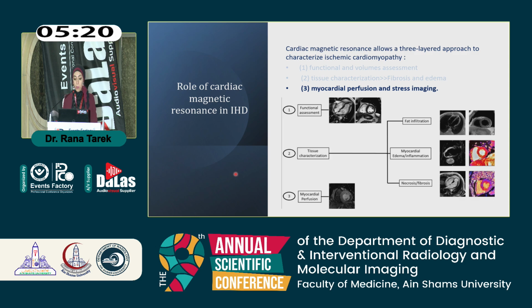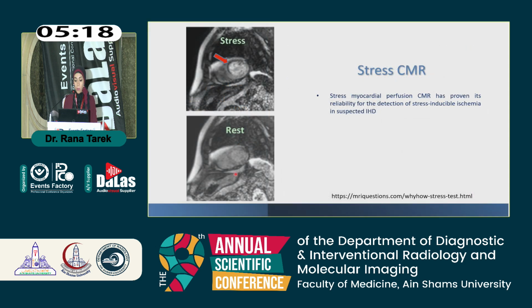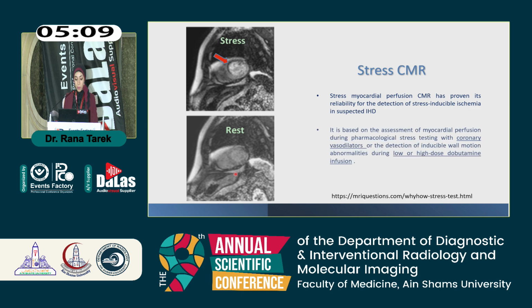Then coming to myocardial perfusion and stress imaging, it has proven its reliability for the detection of stress-inducible ischemia in suspected ischemic heart disease, and it depends on the assessment of myocardial perfusion using pharmacological stress testing, either using coronary vasodilators or using an inotropic agent like dobutamine.